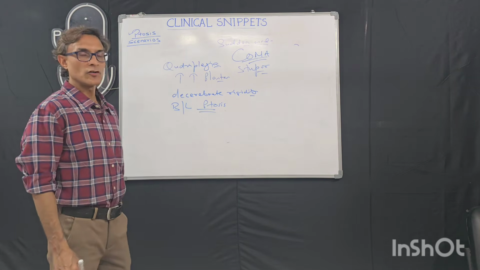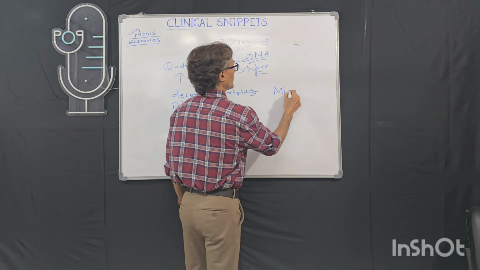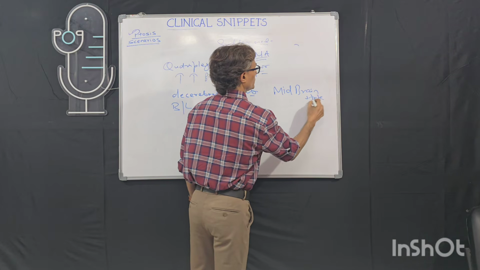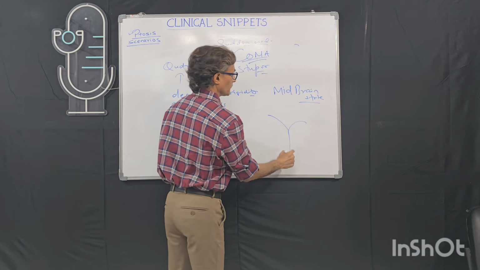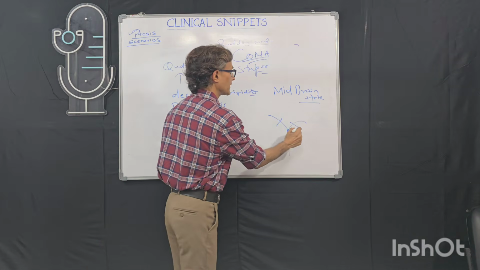So in this scenario, we have to urgently rule out midbrain stroke. So maybe it is a tip of basilar syndrome. Bilateral P1 segment.